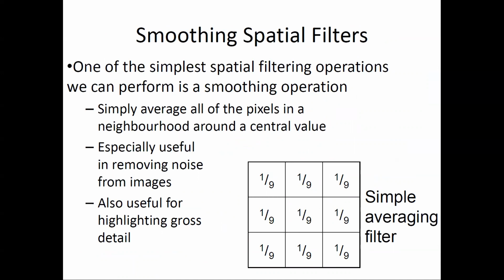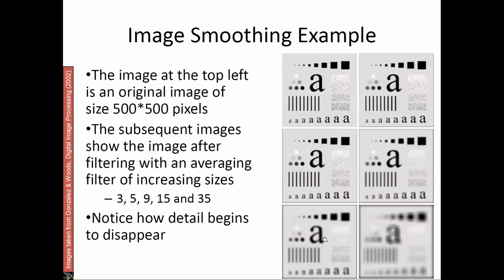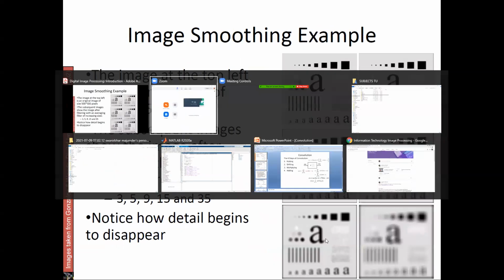Similarly for 7 cross 7, it will be 1/49, and so on. You can see what is happening in this operation: the center pixel will be replaced by 98.33, which is the averaged value of all these pixels. So this 106 is replaced by 98. So let's go to the program for this.